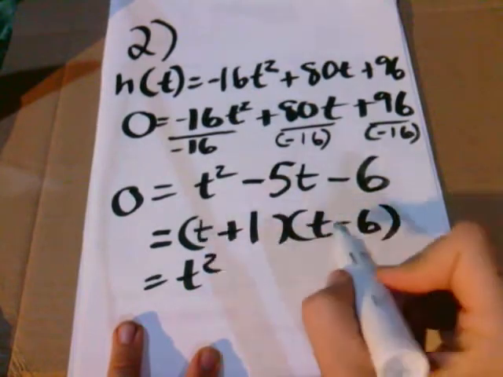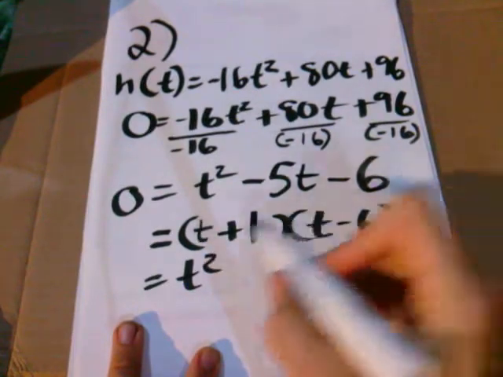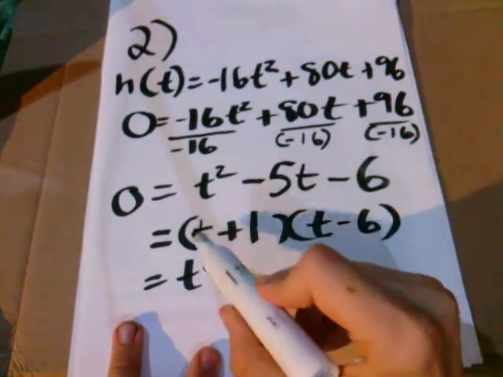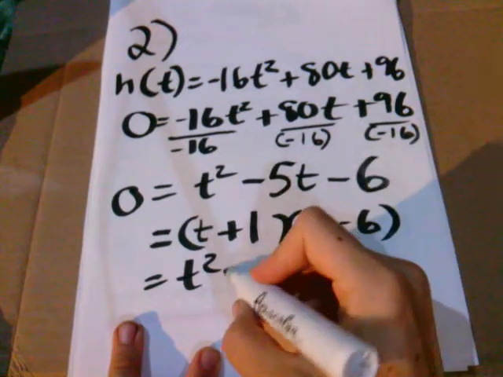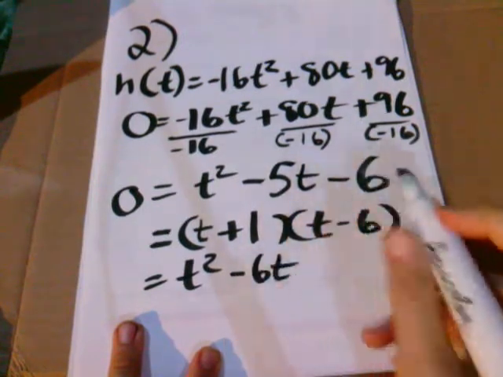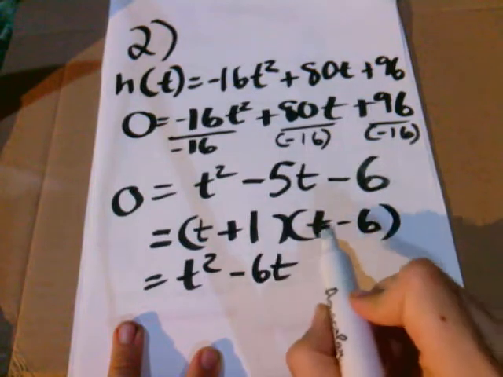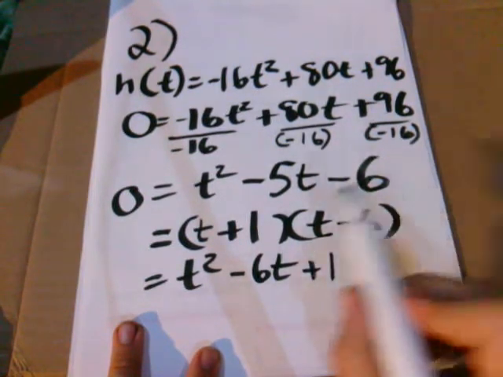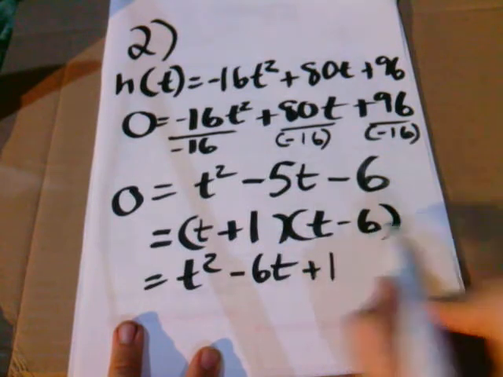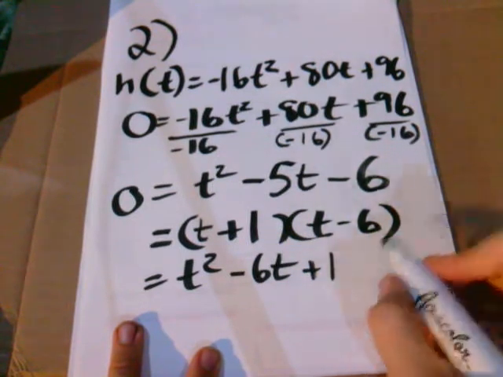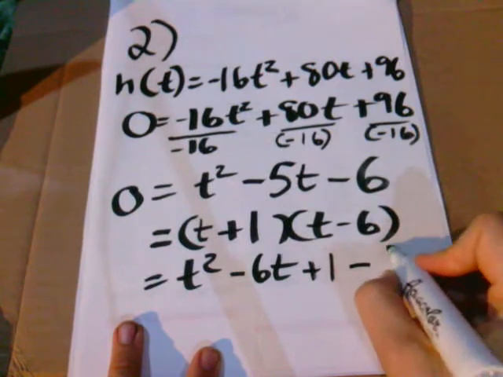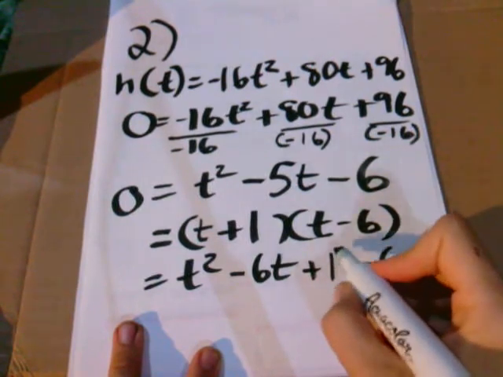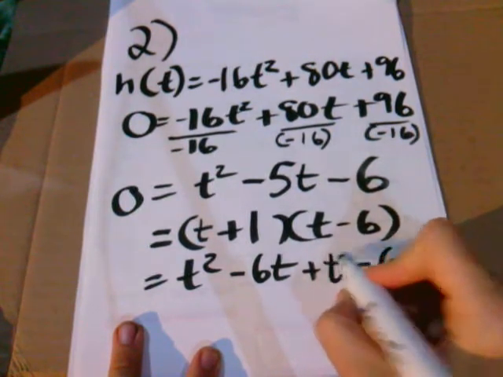So first, t times t is t squared, and then outer, t times the -6 is minus 6t. Inner, 1 times t, plus 1t, and then last, 1 times -6 is -6.